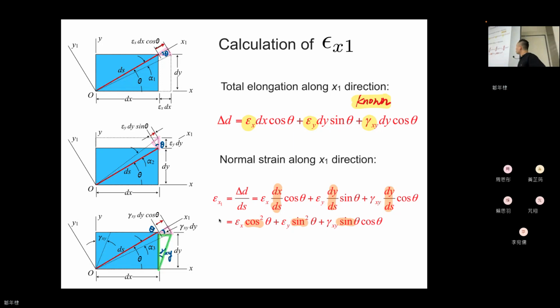So epsilon x1 is equal to epsilon x times this one, epsilon y times this one, gamma xy times this one. So everything is known. Theta is known as well, because this is the problem, right? You want to see specific theta.